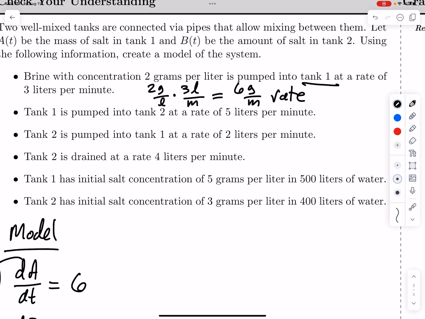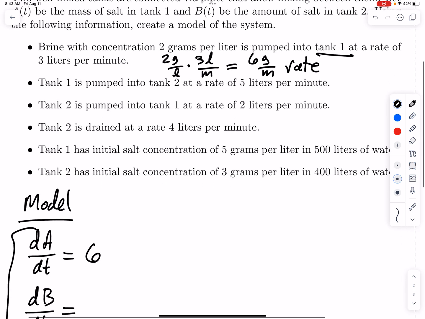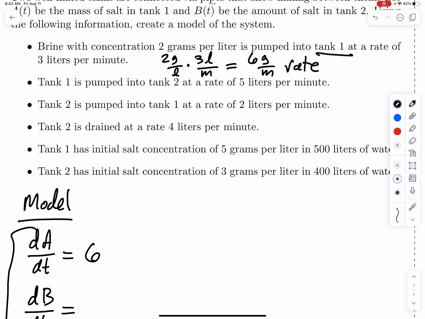Okay? All right, now tank 1 is pumped into tank 2 at a rate of 5 liters per minute. So if we want to do the same kind of thing here, we would need the grams per liter in tank 1 times 5 liters per minute, pumping from tank 1 into tank 2.